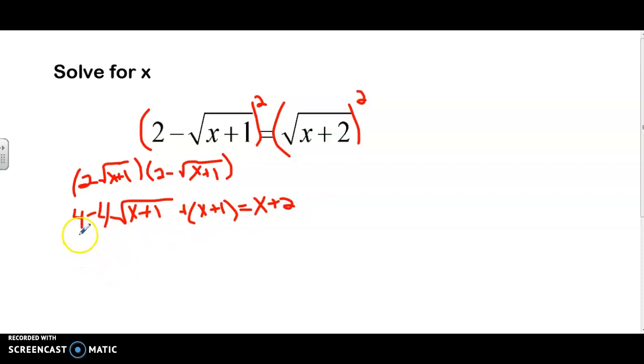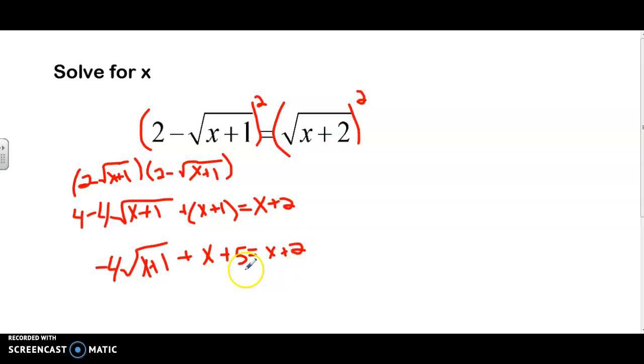So now we combine like terms. We have here the 4 and the positive 1, that would make 5. So we'll have negative 4 square root of x plus 1 plus x plus 5 equals x plus 2.